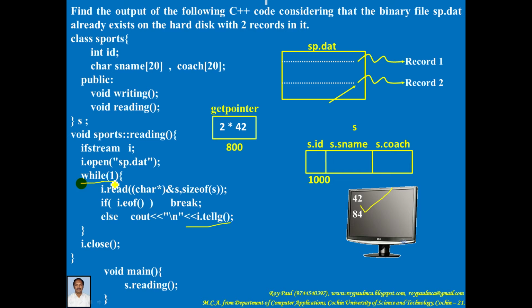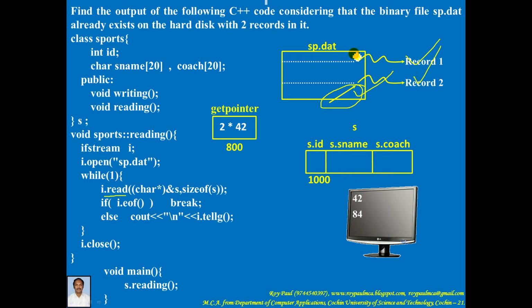After this, because of this loop, the statement repeats, as this is an infinite while loop. Control comes inside. The read function tries to read a record from the binary file, but a record cannot be read because the end of the file is reached.